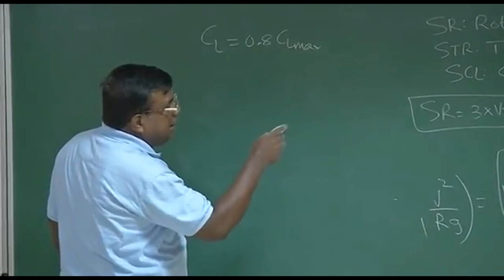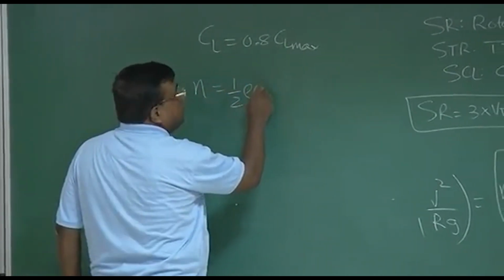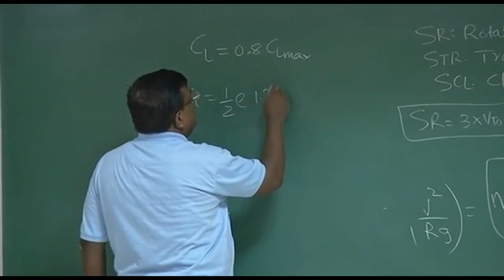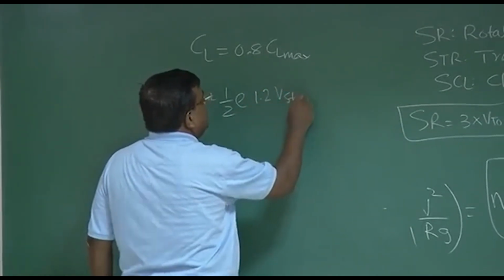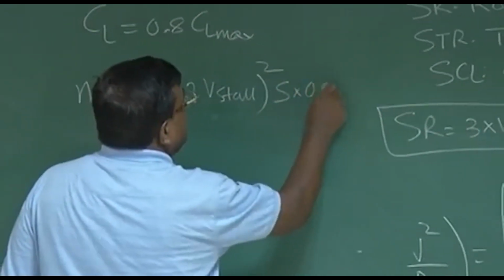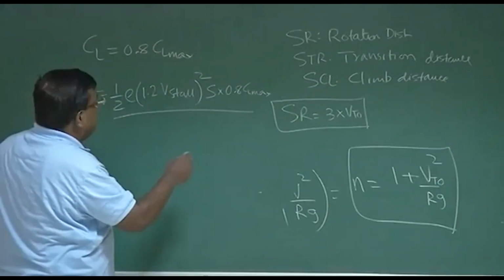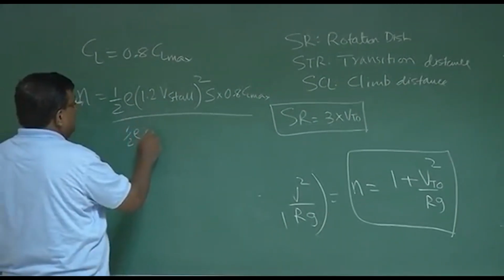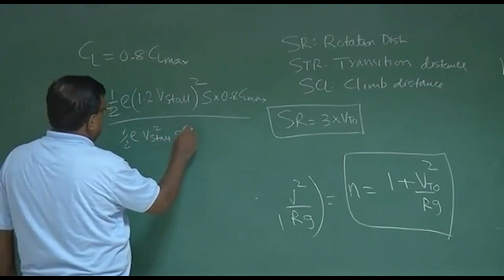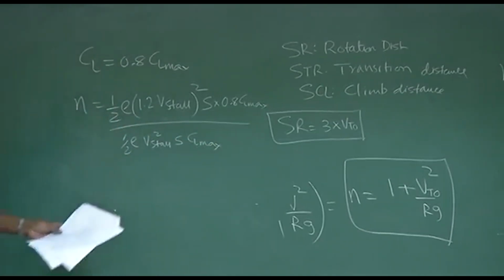Then checking that expression, I get N equal to half rho V takeoff, which is 1.2 times V stall, squared, S CL, which is 0.8 CL max, divided by W. I know W is half rho V stall squared S into CL max, because that is how V stall is defined.